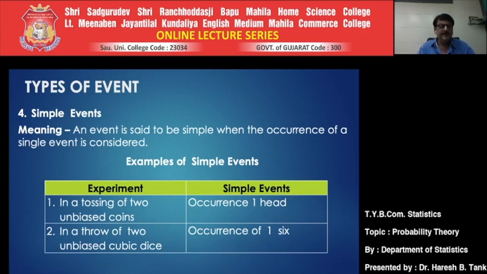Similarly, in a throw of two unbiased cubic dice, what I am talking about right now is throwing two unbiased cubic dice. Look, with a single die you have 6 different possibilities. If you throw two unbiased cubic dice, total number of possible outcomes will be 36.